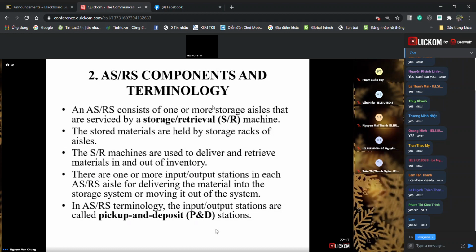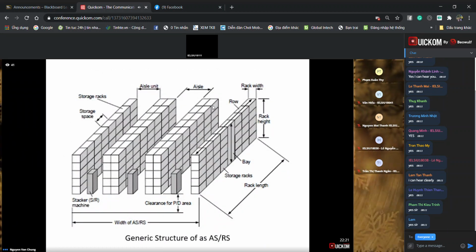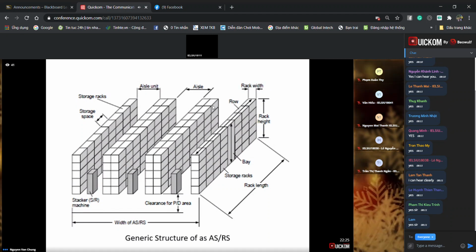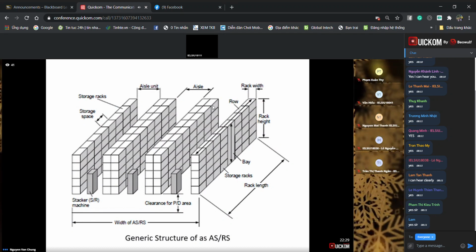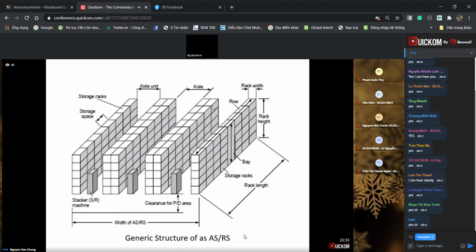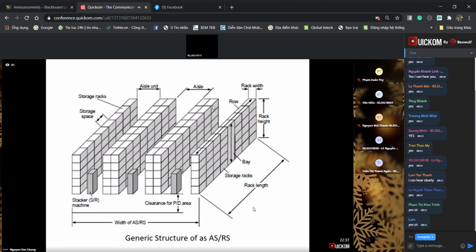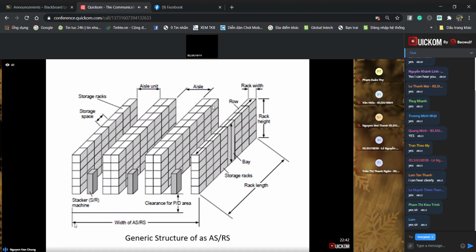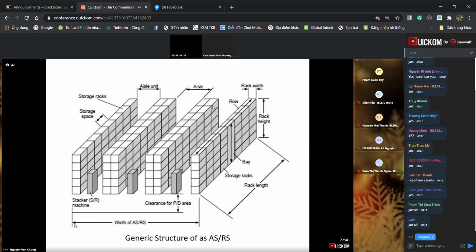Okay, so this cannot move. Generate structures of ASRS, I think you can understand this. And now I review this here, you have the Y of ASRS.